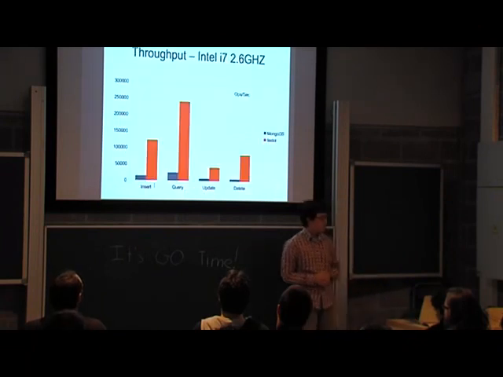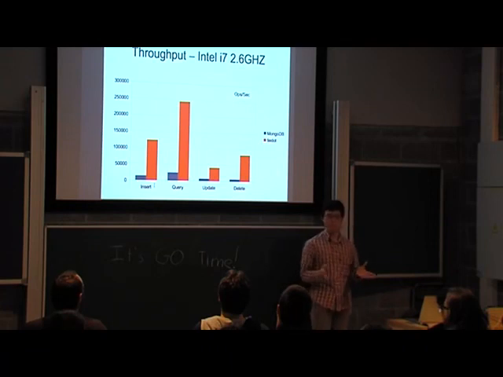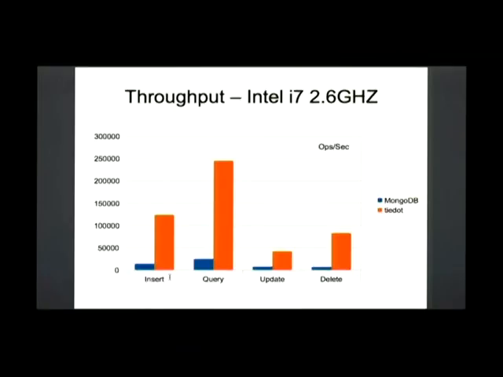On an Intel laptop with a 2.6 gigahertz CPU, tied-out performs really well in terms of throughput, many times faster than Mongo. I guess it's probably because the engine is very small and it doesn't have complicated features such as replica sets or sharding and other stuff.